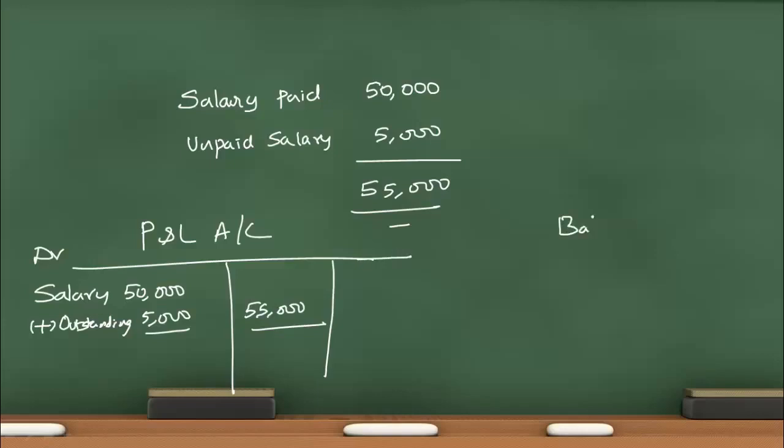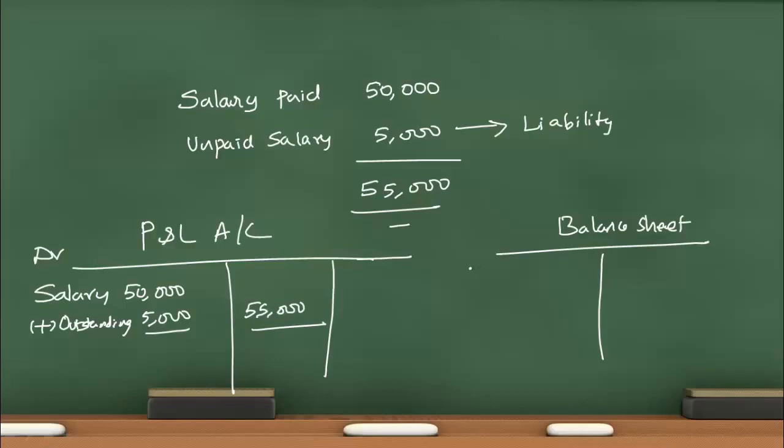In the balance sheet, see, what is the nature of this unpaid salary? It is an expense, but it is not paid. If it is not paid, what does it communicate? It is a liability. If it is unpaid, it has to be paid in future. Anything which has to be paid in future is a liability.